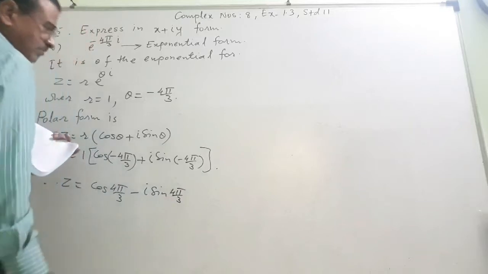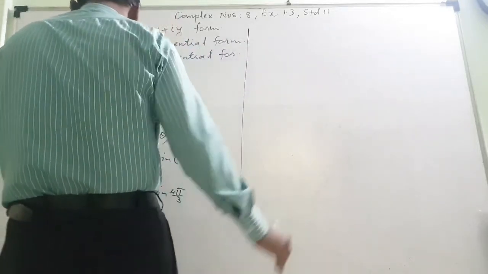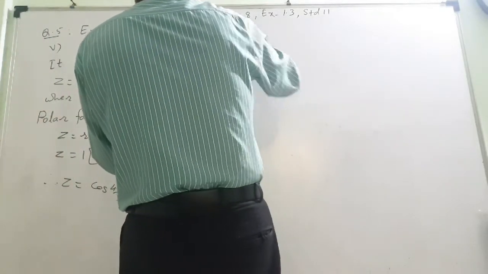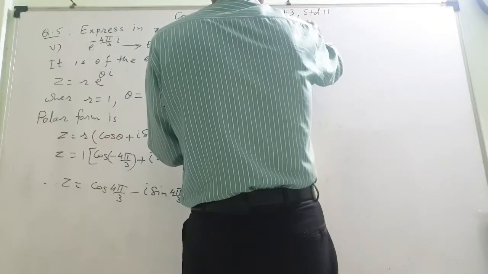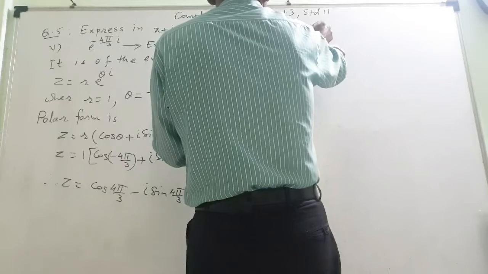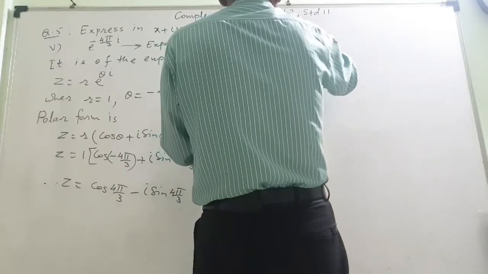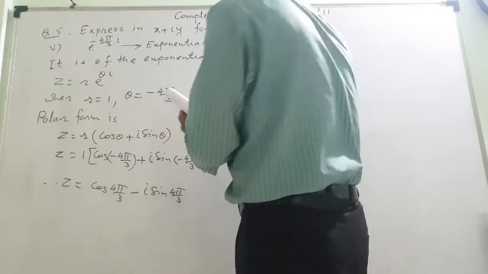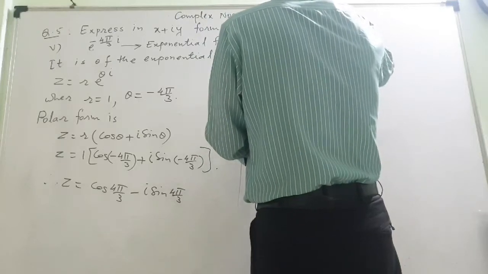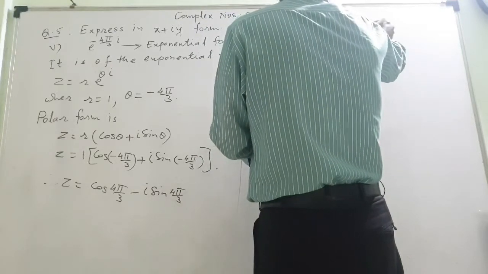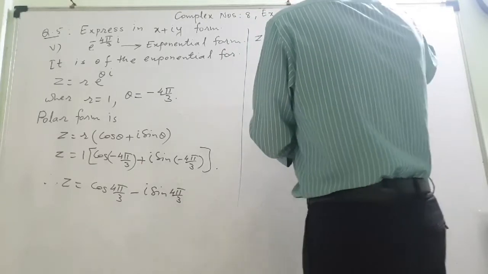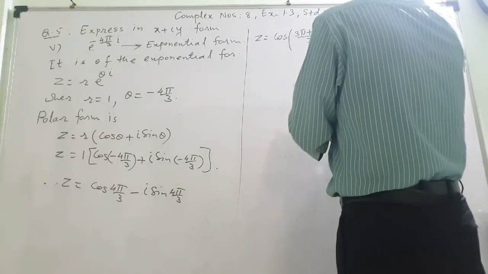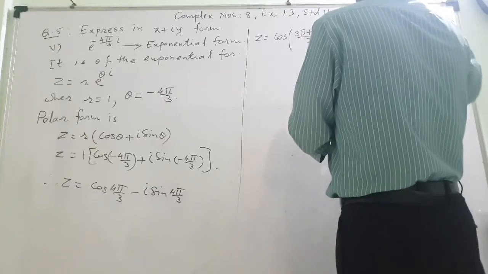Therefore, z is equal to cos of 4 pi by 3, I will write it as 3 pi plus pi upon 3, minus i sin of 3 pi plus pi upon 3.